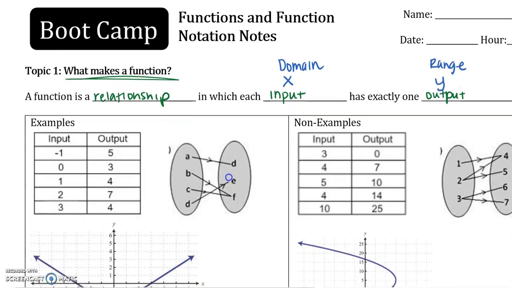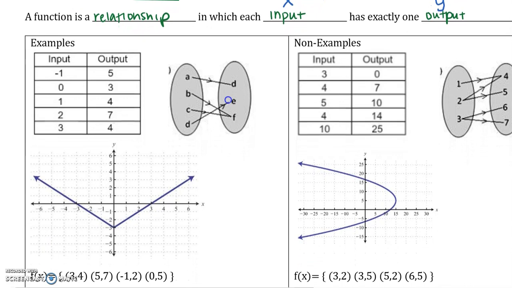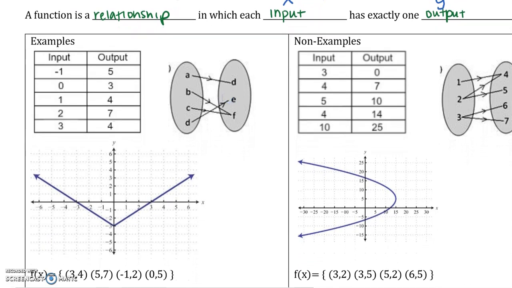Let's look at a couple examples. You can see this represented in a lot of different ways. When you're looking at a table, you can tell that a table is an example of a function if you look here at your input values or your x values. As long as each x value has its own y value, you have a function.